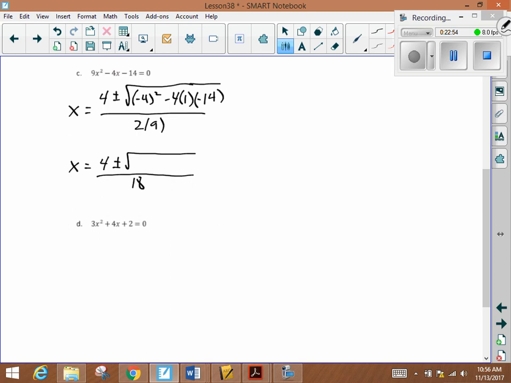So we line up with the square root of 72. How'd you get that? So negative 4 times 1 times negative 14 turns out to be 56. Why'd you put 1 there? A is 9. Yeah, thank you. I got so used to putting 1 that I did it twice.